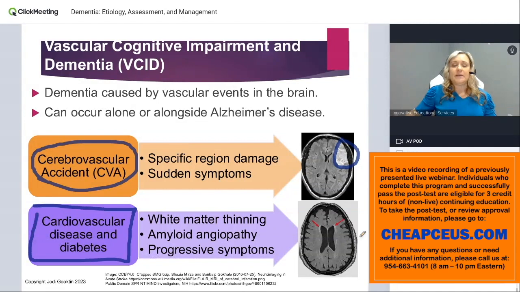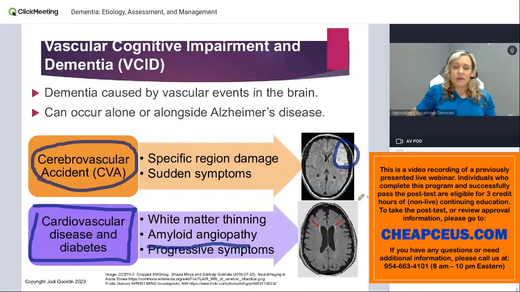Cardiovascular disease and diabetes, what they're finding is individuals who have long term stress through high blood pressure or atherosclerosis being placed on the vasculature in the brain, they're going to see that narrowing of the lumen, that decreased vascular flow to different regions of the brain that lead to ischemia as well as neuronal damage or death.